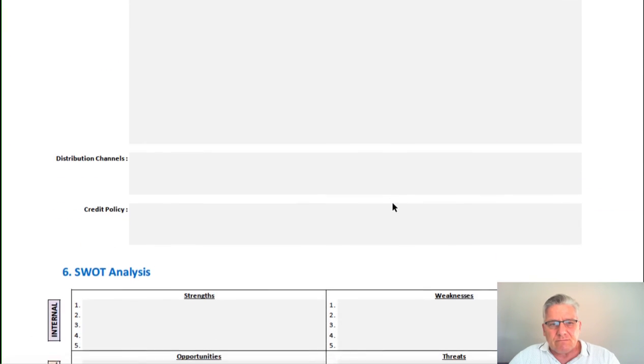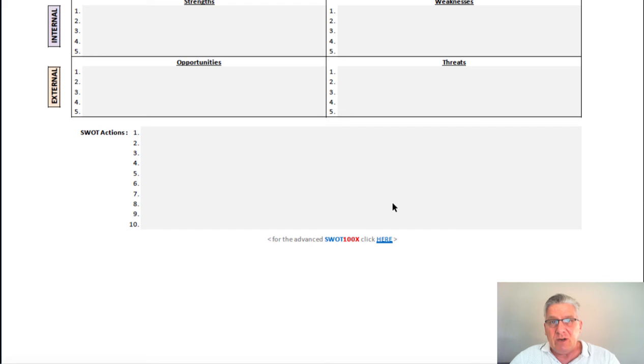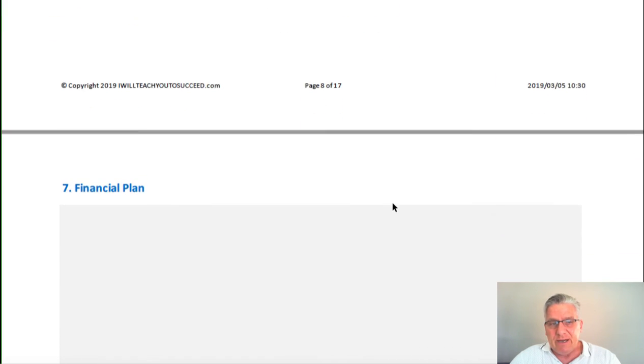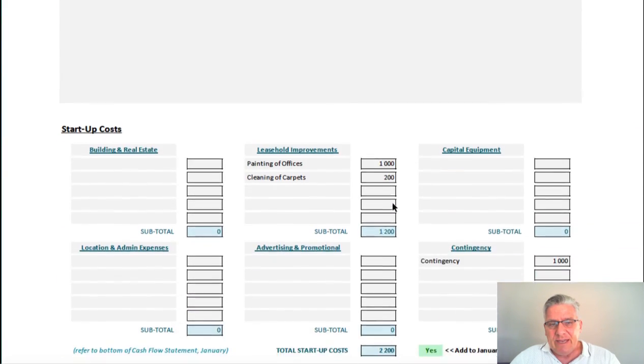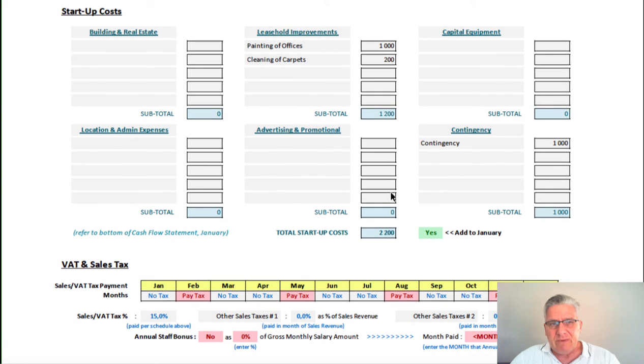So going down the SWOT analysis, we didn't complete this time. We should be doing it, but not now. Financial plan, nothing in yet. Now we input startup costs. Remember, we put leasehold improvements, painting of offices, cleaning of carpets. That was the $1,200 plus the $1,000 contingency makes for the $2,200 for startup, and we were going to include that in January.